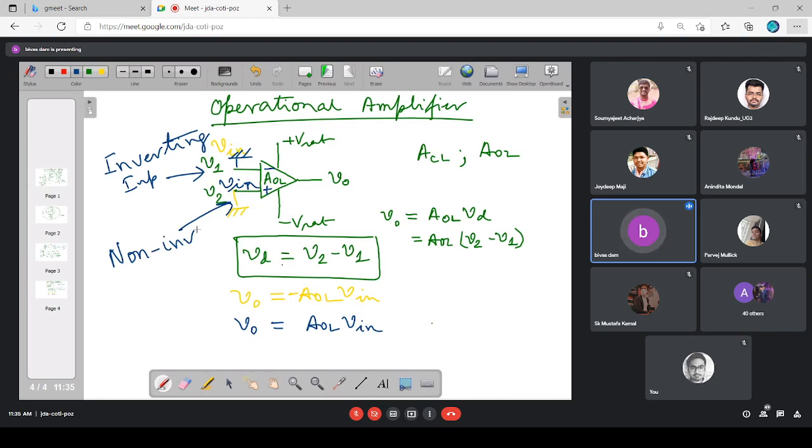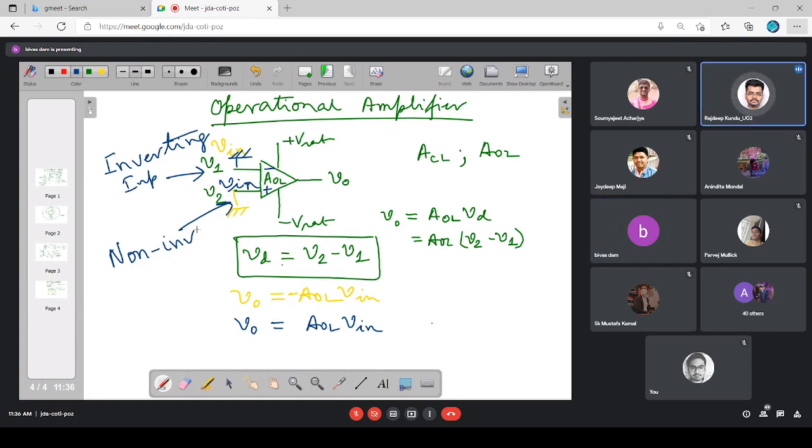So the op-amp will have three primary terminals. One is the inverting input terminal, the other one is the non-inverting input terminal, and the third one is the output terminal. Apart from these three, there must be some plus minus VSAT inputs. So regarding the basic five terminals, I think the idea is clear.